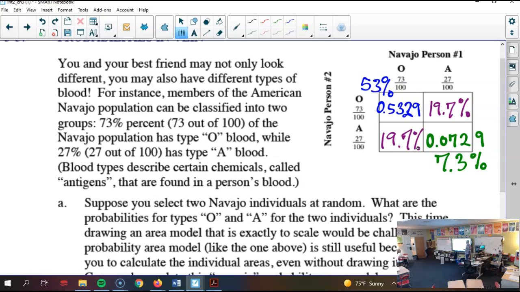We know mathematically how to figure out the OR by doing the plus, minus the and. So hypothetically, 0.27.